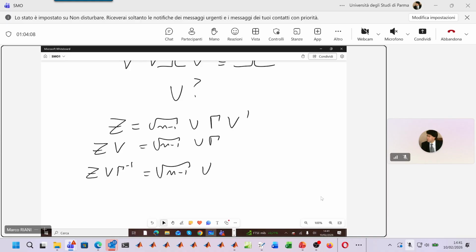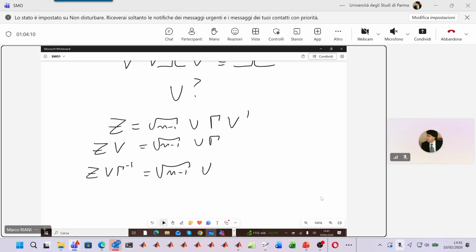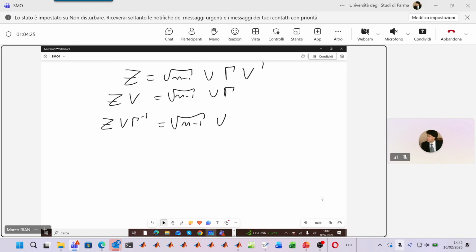Okay, so therefore matrix U multiplied by square root of n minus 1 contains what? It is matrix ZV gamma minus 1. What is the covariance matrix of ZV gamma minus 1? What is this one? The covariance matrix of matrix ZV gamma to the minus 1.